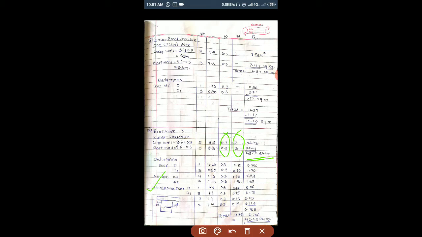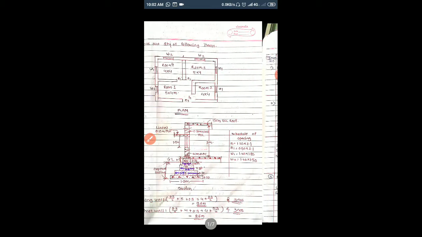Then for deduction, just consider one wall where there are doors and windows, which we have to subtract. There we don't provide any wall; we will keep it as an opening. So we will deduct the door and window quantity to get the quantity of brickwork. Just see what the numbers of doors are.